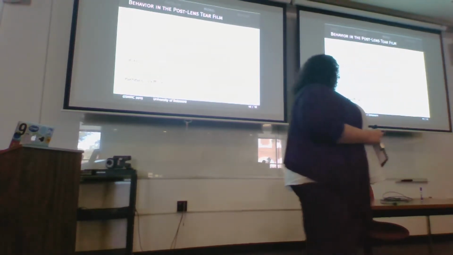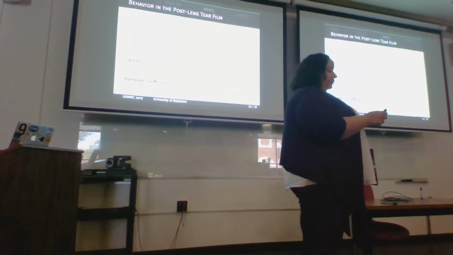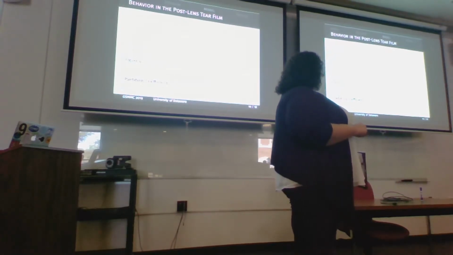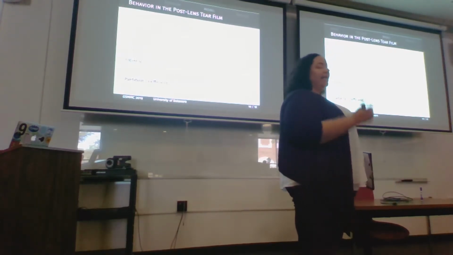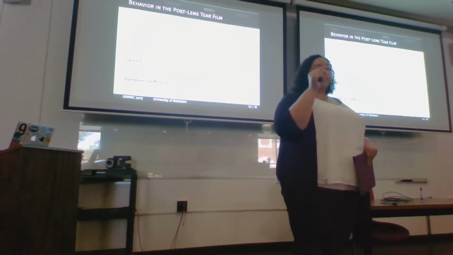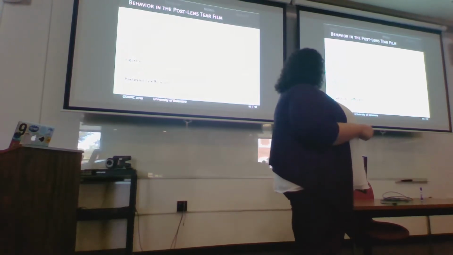For the post lens, we are looking at diffusion from the contact lens and diffusion into the cornea. So first, the change in height. When we blink, there's a force applied to our post lens, and that compresses it a bit. We're looking at the change in height here.